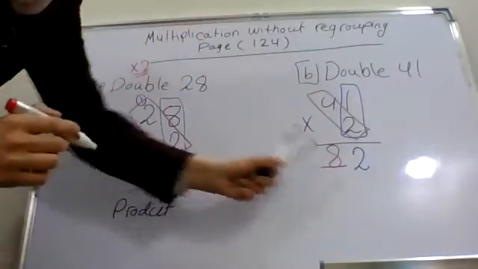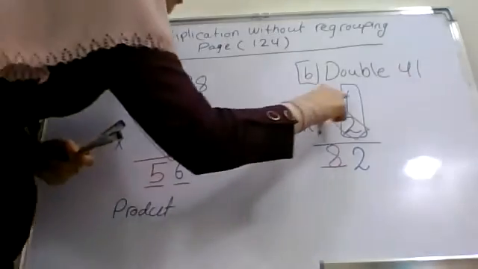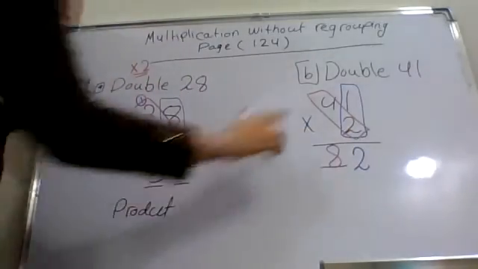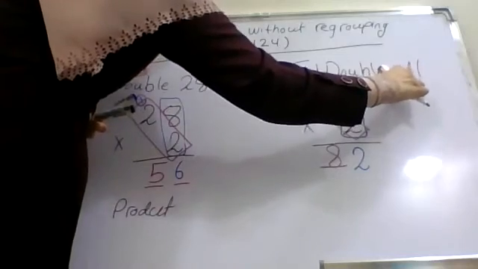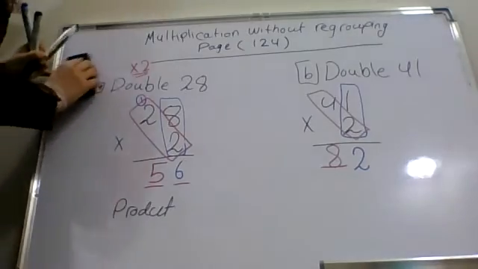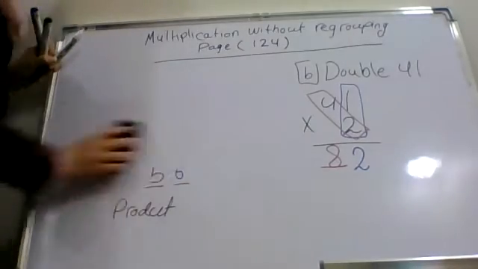So the product for multiplying 41 with 2 is 82. Or I can say that the double of 41 is 82. Excellent. Let's do the next exercise, which is question number 2.